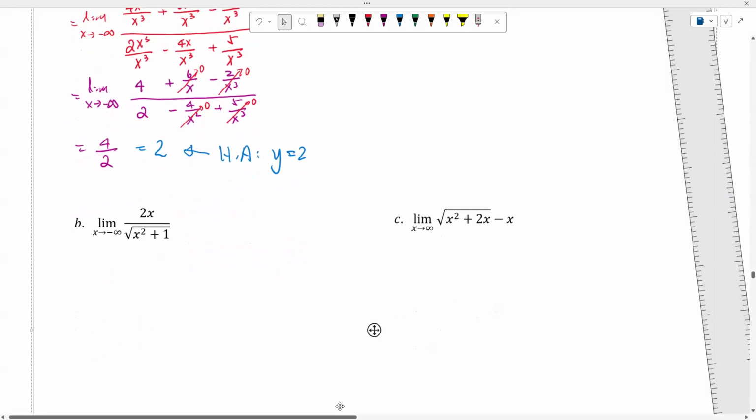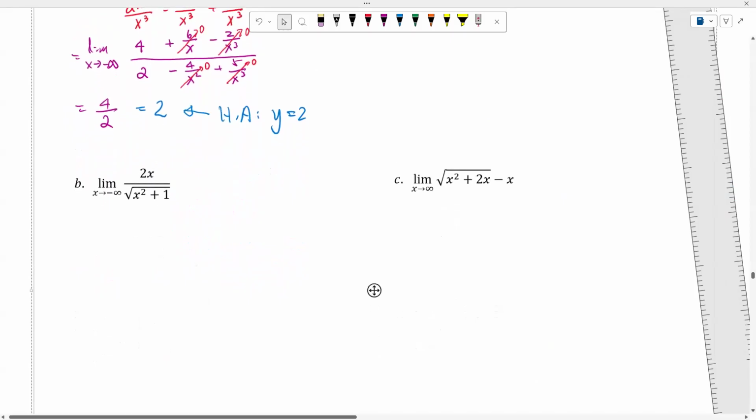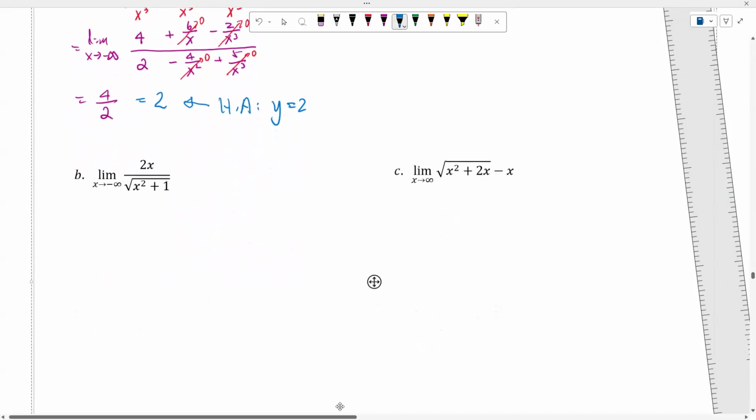But now let us look at the next example. Again, we have x approaching negative infinity of 2x divided by the square root of x squared plus 1.